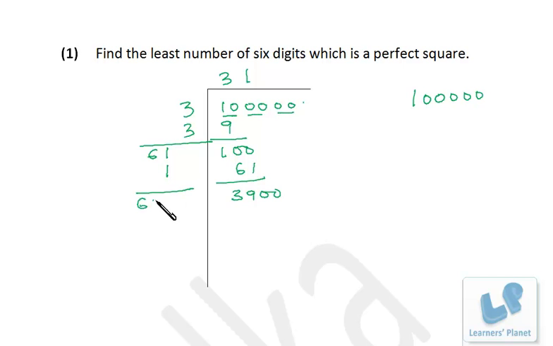This is 62. Now 623 into 3, 624 into 4, 625 into 5, and 626 into 6. Let's see. 6 sixes are 36, 6 twos are 12, and 3 is 15. 6 sixes are 36 and 1 is 37. So 626 into 6 will be a good choice. So 626 into 6 is 3756. Okay.